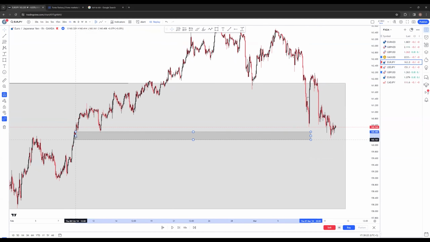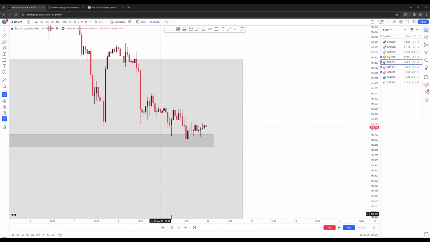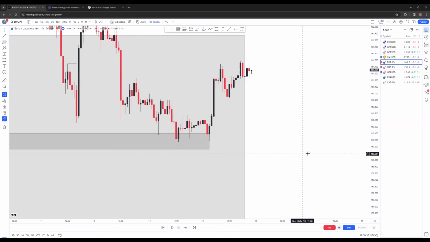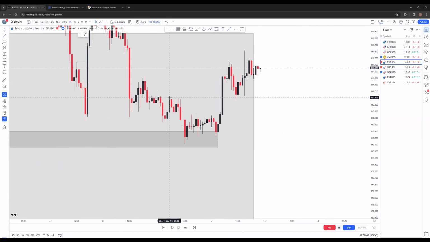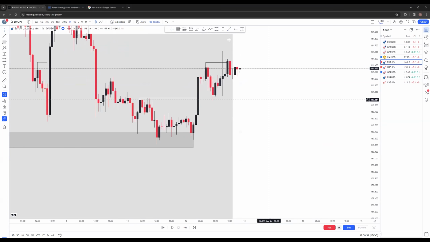After reaching that point, as you can see, price changed its character at this point, right? This was the low. So price changed its character at this point, and then gave us this break of market structure. Right? Yes.